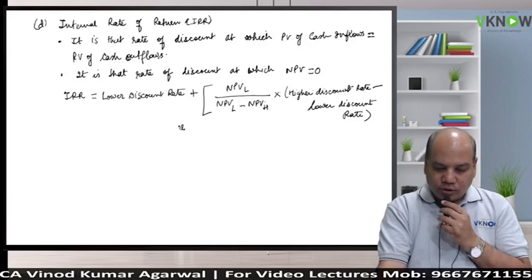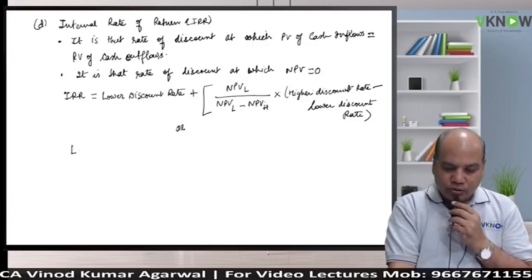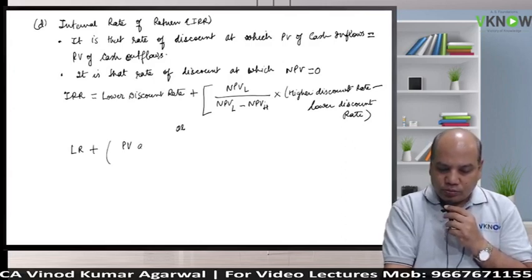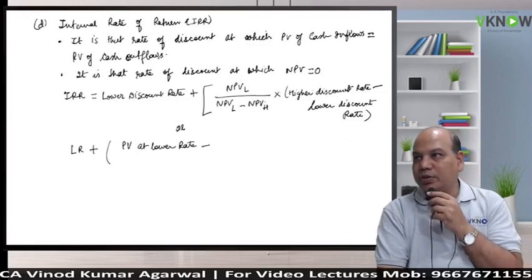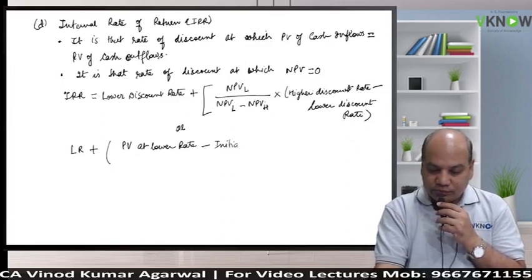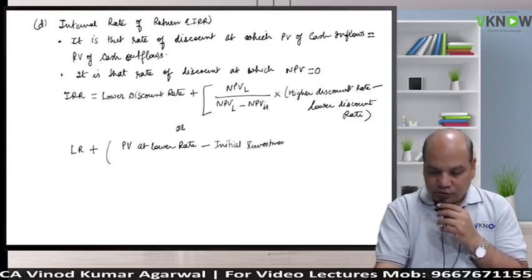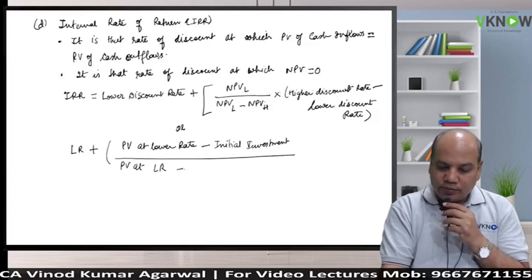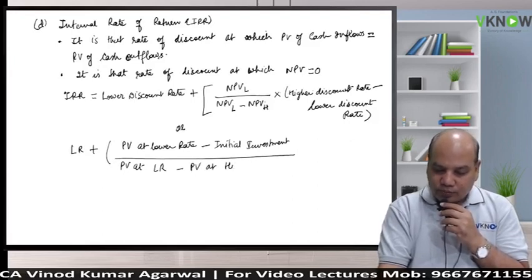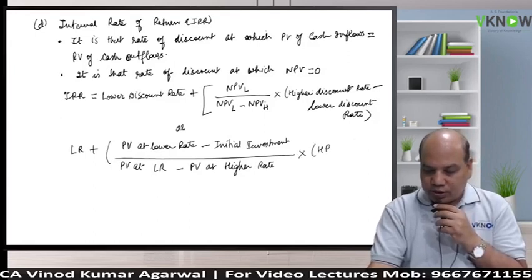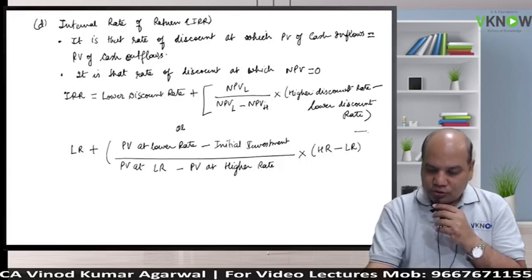Or there is a shortcut formula also if you want to use that. Lower rate plus present value at lower rate, present value, not net present value, present value at lower rate minus initial investment, upon present value at lower rate minus present value at higher rate, into difference between higher rate and lower discount rate.